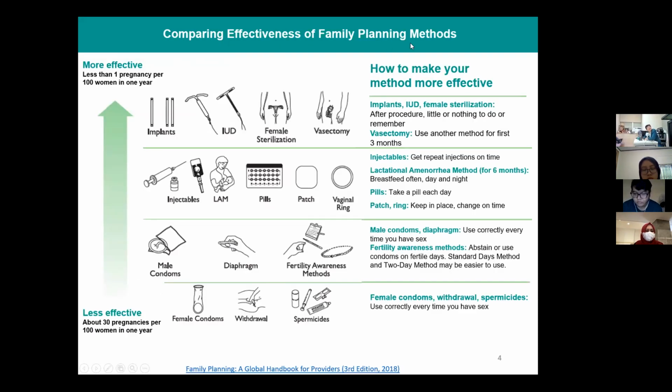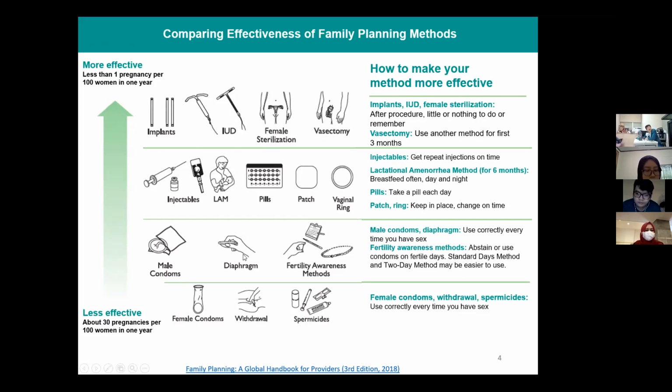Also, there are many methods of family planning. Some are very effective, like the implant, IUD, vasectomy, sterilization. Some are less effective, like the condom, withdrawal, spermicide, which can kill the sperm.